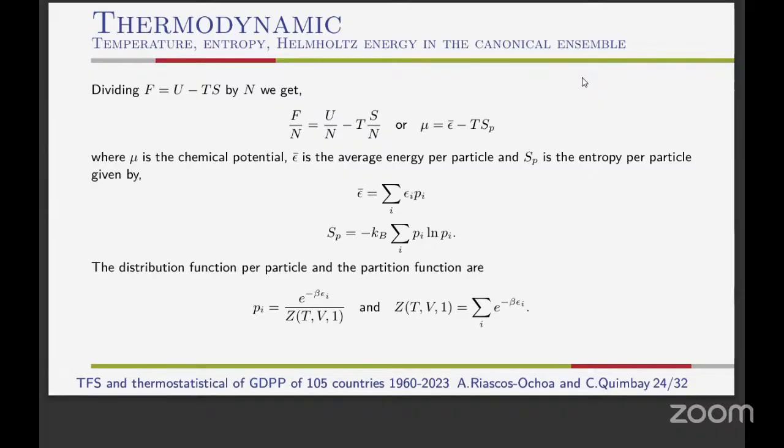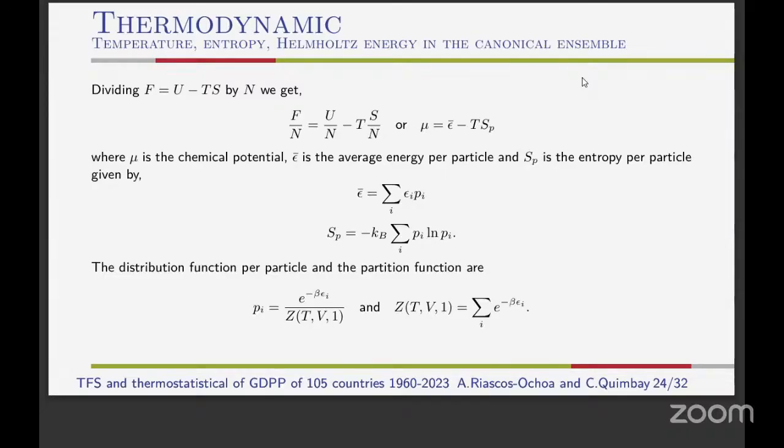U sobre n sería la energía promedio por partícula. La temperatura, pues no se divide. Y acá la entropía sería la entropía por partícula, donde esta energía sería la sumatoria de la energía de la partícula por la probabilidad de que esté en el estado i.